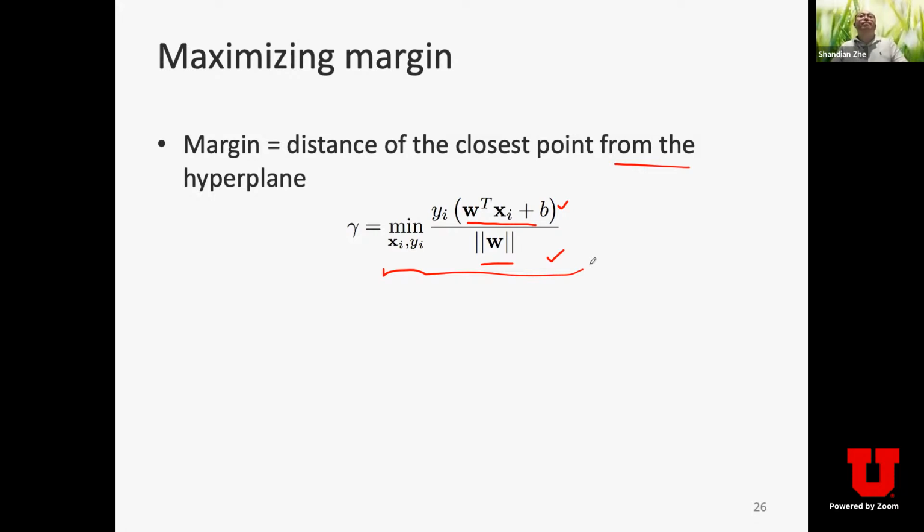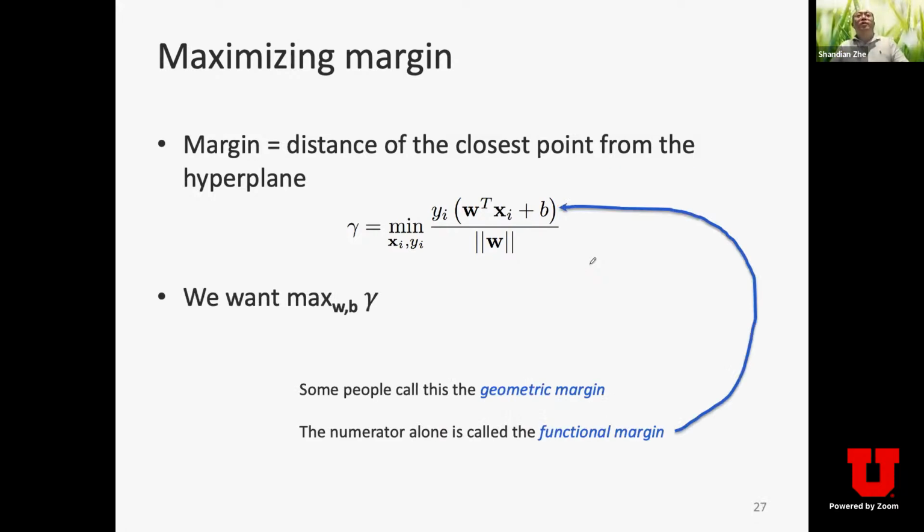That's our margin. And then we want to maximize this margin with respect to the parameters, weight and bias. This is a straightforward formulation of the training objective. We want to maximize the margin with respect to the model parameters, and to compute the margin given W and B, we need to go over the entire training set and find the smallest distance.